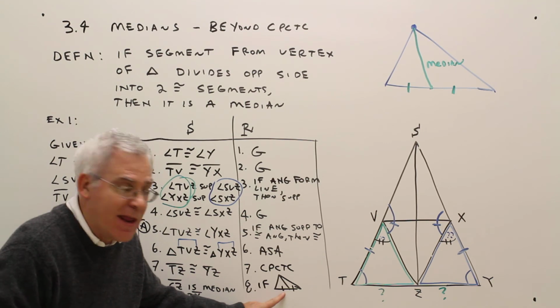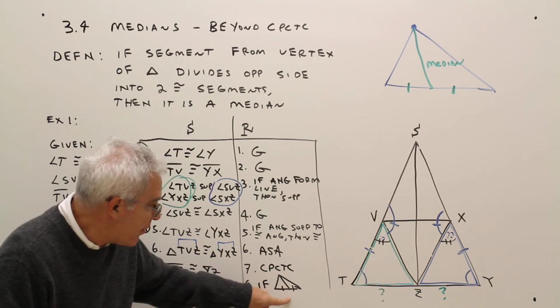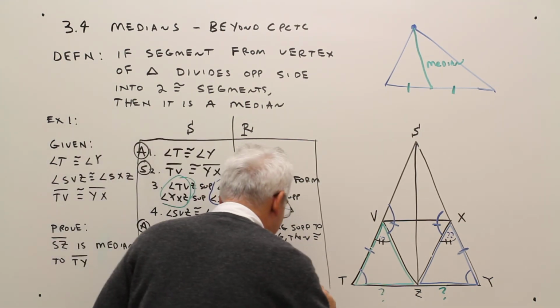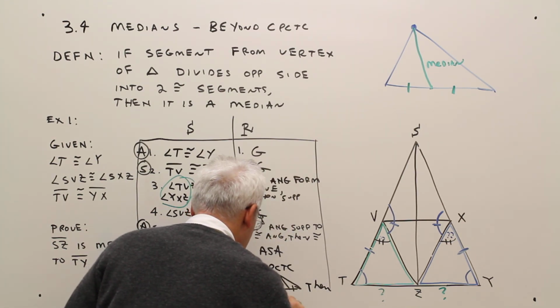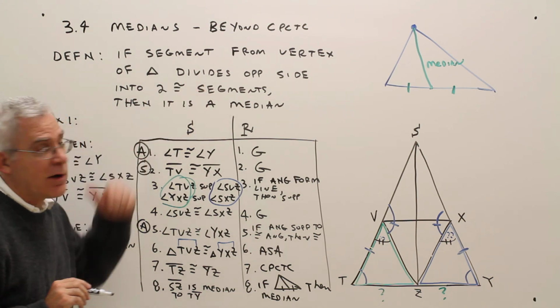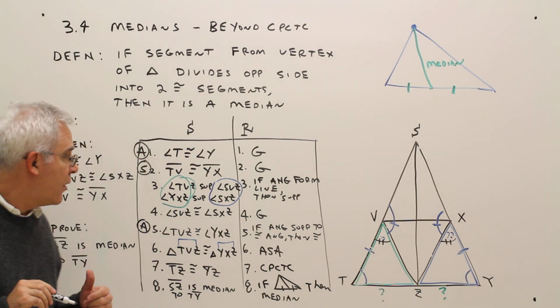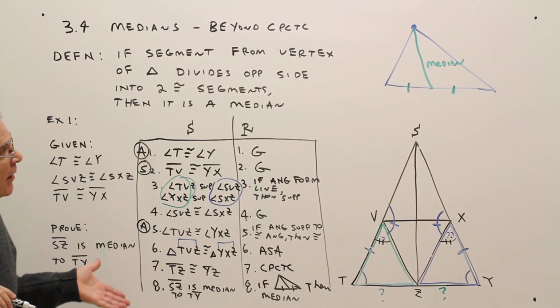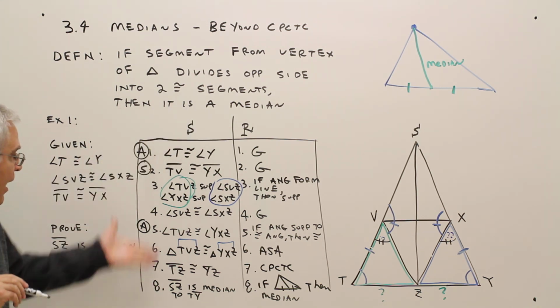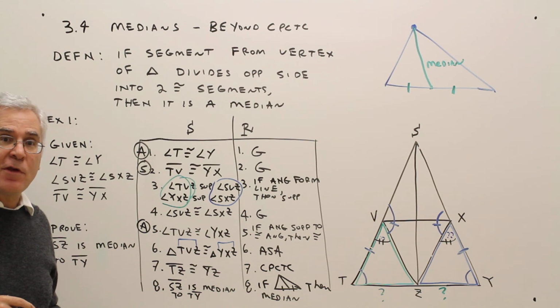If you draw the median thing, so if I get those 2 congruent segments there, then we're a median. Or if you choose, you could write all those words out. So there you have it, the definition of a median, a picture of a median, and a proof trying to establish that we have a median.